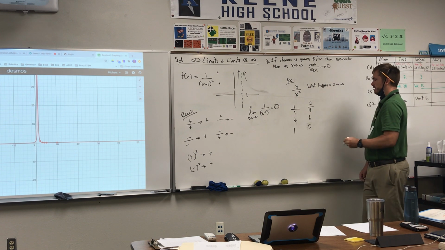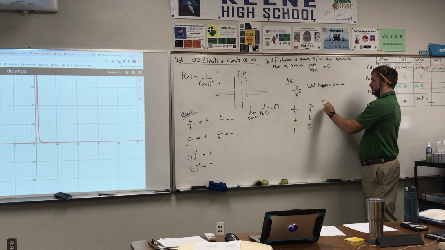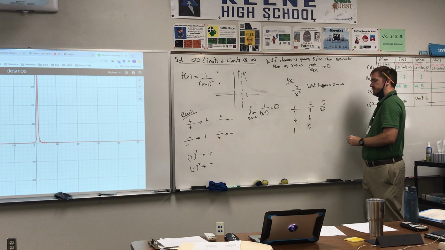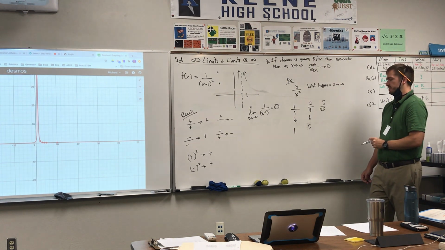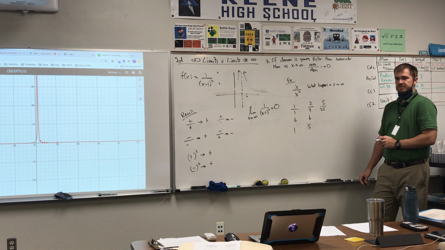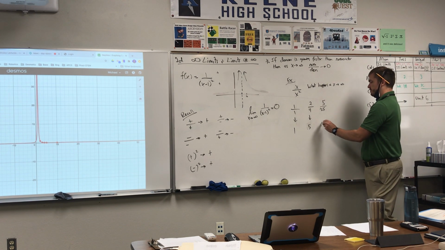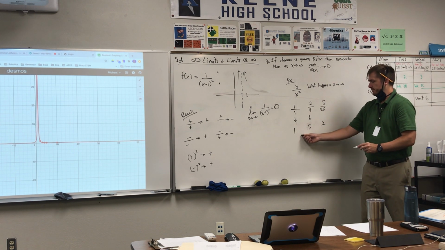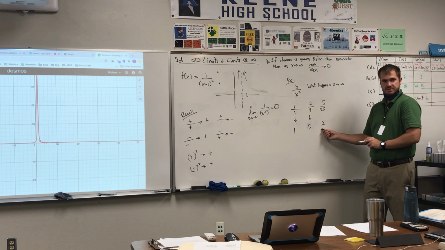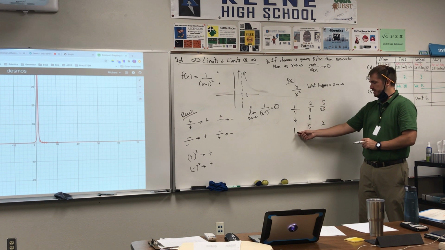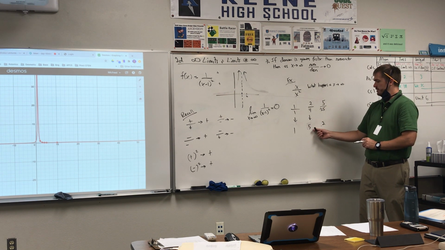Let's jump ahead. 5. The denominator would be 25. 5 divided by 25 is 0.2. Getting smaller, yes? 1, 0.5, 0.2.